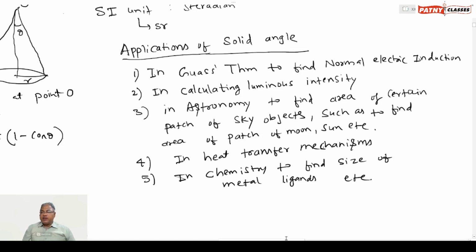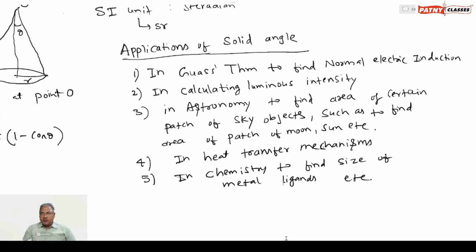Second is in optics, to find luminous intensity. Luminous intensity due to an object, for example a bulb, or any shining object which provides light. To find luminous intensity, we use the concept of solid angle.